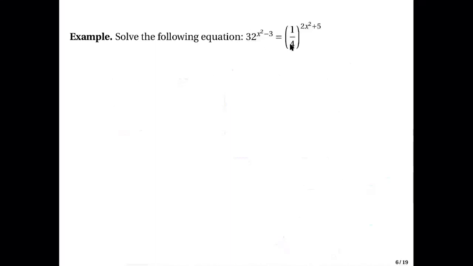However, both of them, 32 and 1/4, can be written as powers of a common base. And we easily see what base that would be. 1/4 is just 1 over 2 squared, and 1 over 2 squared, you can write as 2 raised to negative 2.